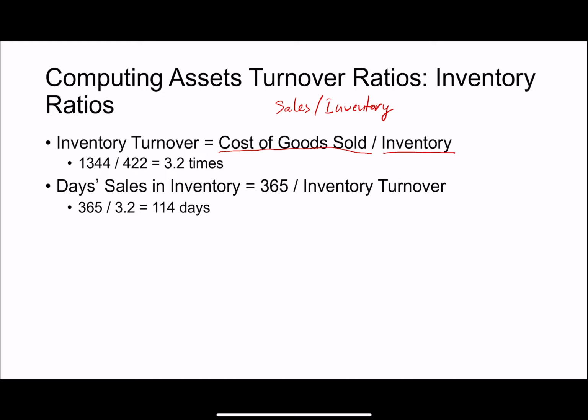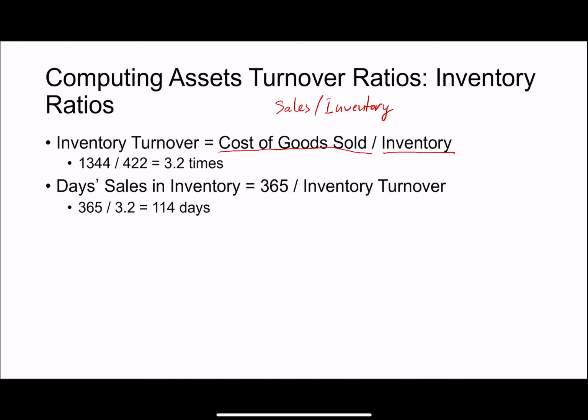We might want to stick with what the textbook does and do it on a cost basis. But the bottom line, regardless of what you have in the numerator, you want this ratio to be as high as possible. And here is why. Think about it this way. Everything else equal, let's just talk about sales because cost of goods sold will be correlated with sales anyway.